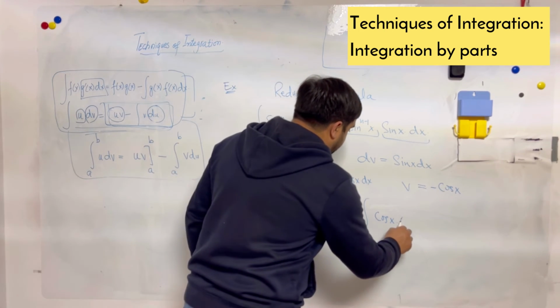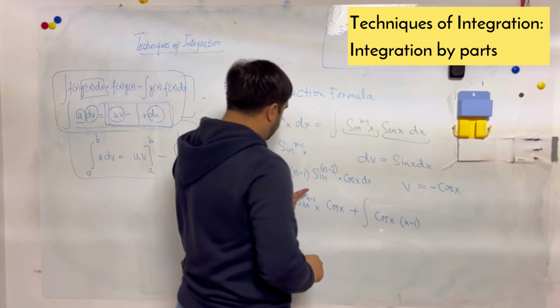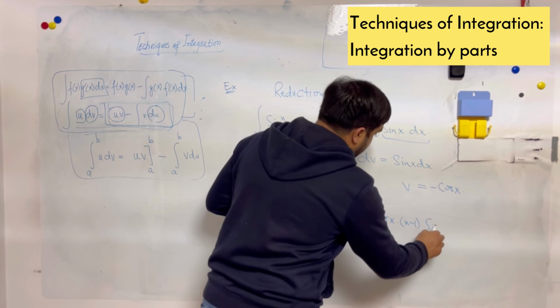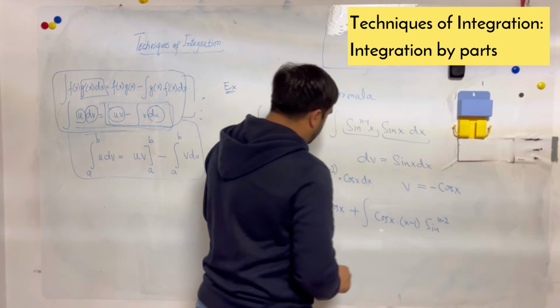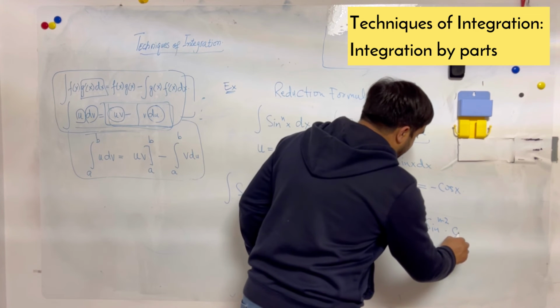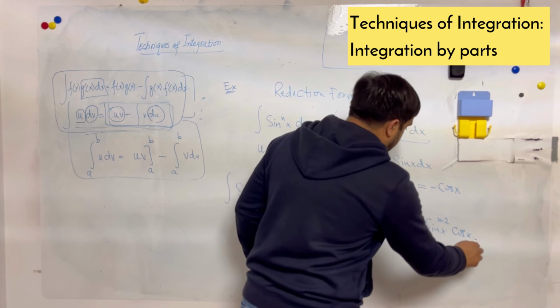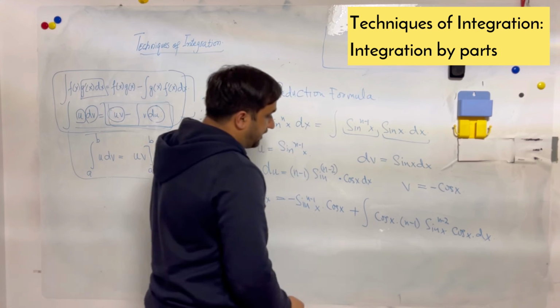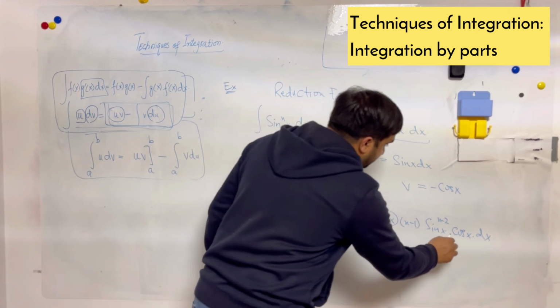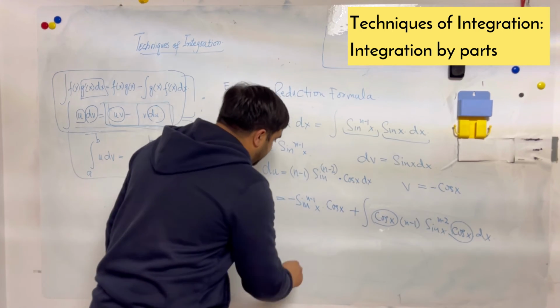So this guy is multiplied n minus 1 sine raised to the power n minus 2 and another cos of x and a dx.